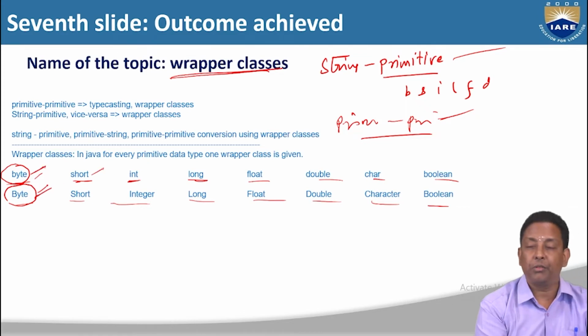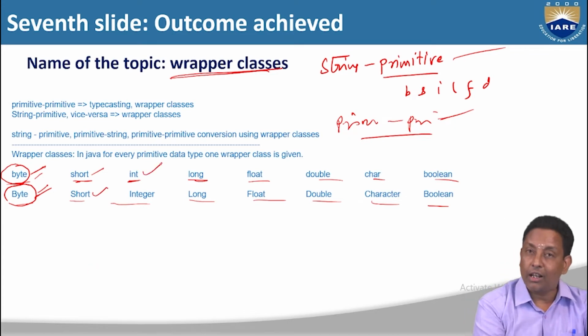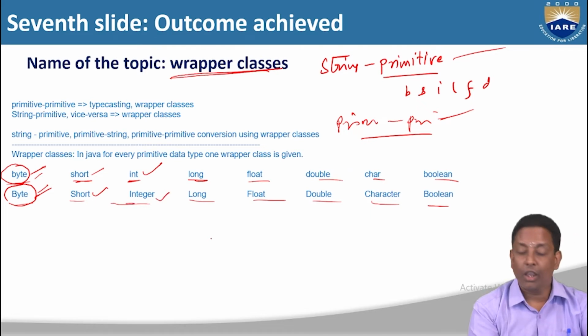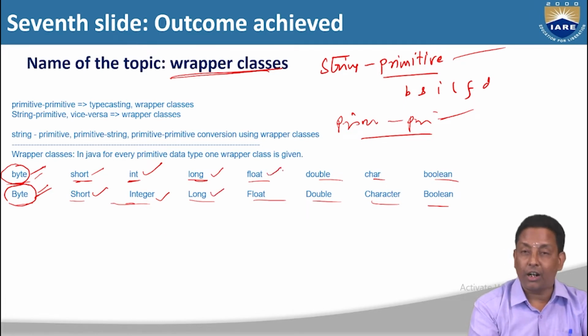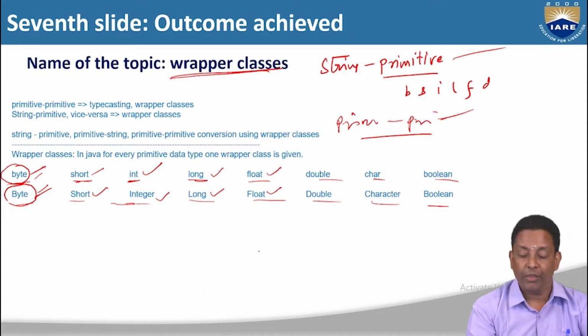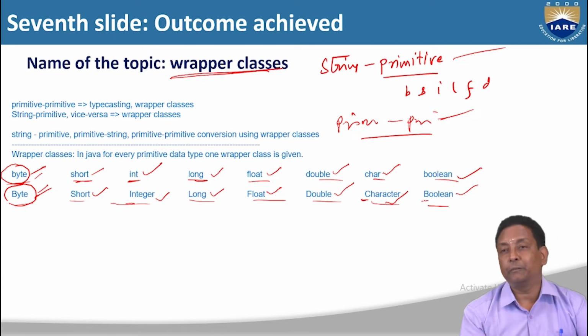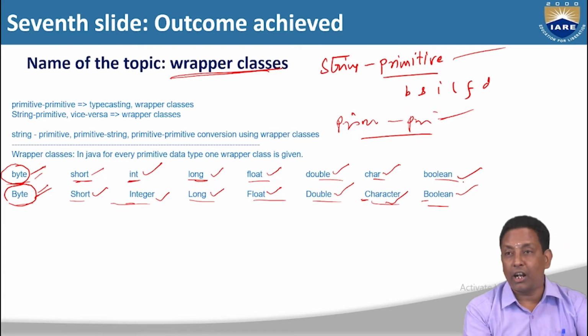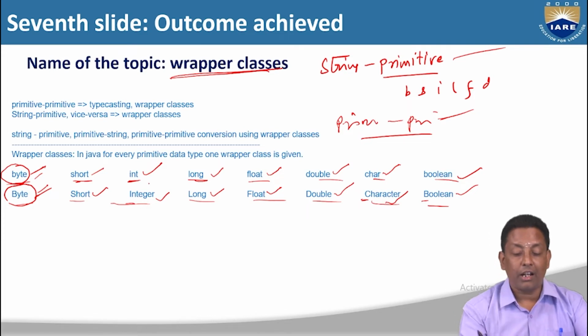For the short primitive data type, the Short wrapper class is given, with a capital S. For the int primitive data type, the Integer wrapper class is given, with a capital I. For the long primitive data type, the Long wrapper class is given, with a capital L. For the float primitive data type, the Float wrapper class is given, with a capital F. For the double primitive data type, the Double wrapper class is given, with a capital D. For the char primitive data type, the Character wrapper class is given, not Char, with a capital C. For the boolean primitive data type, the Boolean wrapper class is given, with a capital B. So for all 8 primitive data types, 8 wrapper classes are given in Java.